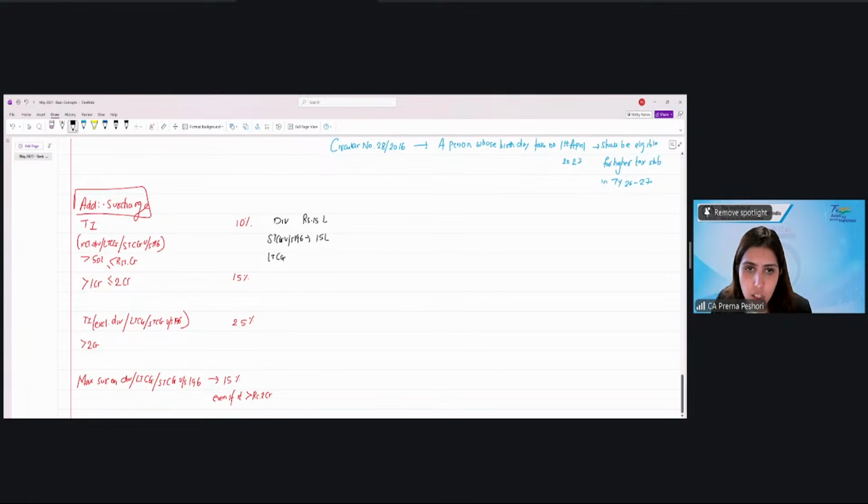Let's say LTCG is 45 lakh. And I have other income, which is 25 lakh. So here, how much is my total income?